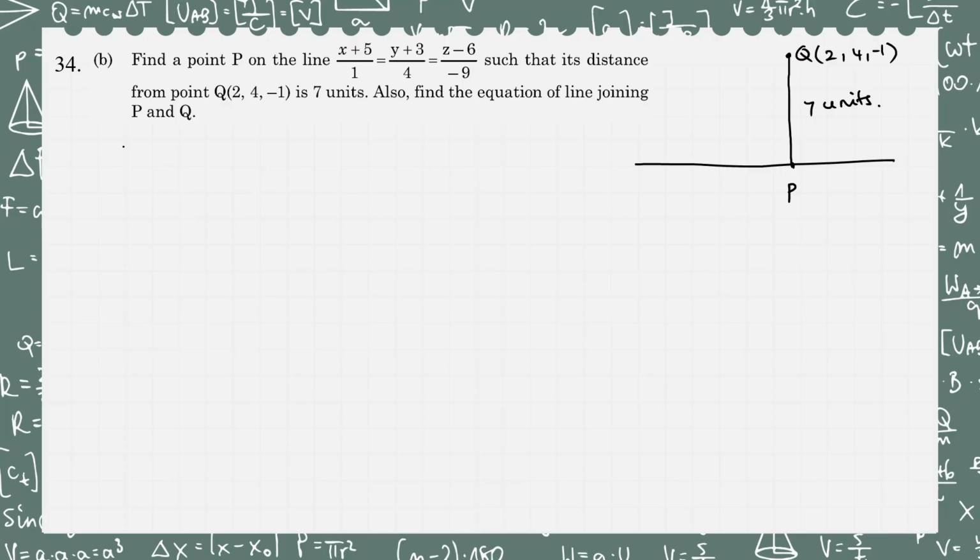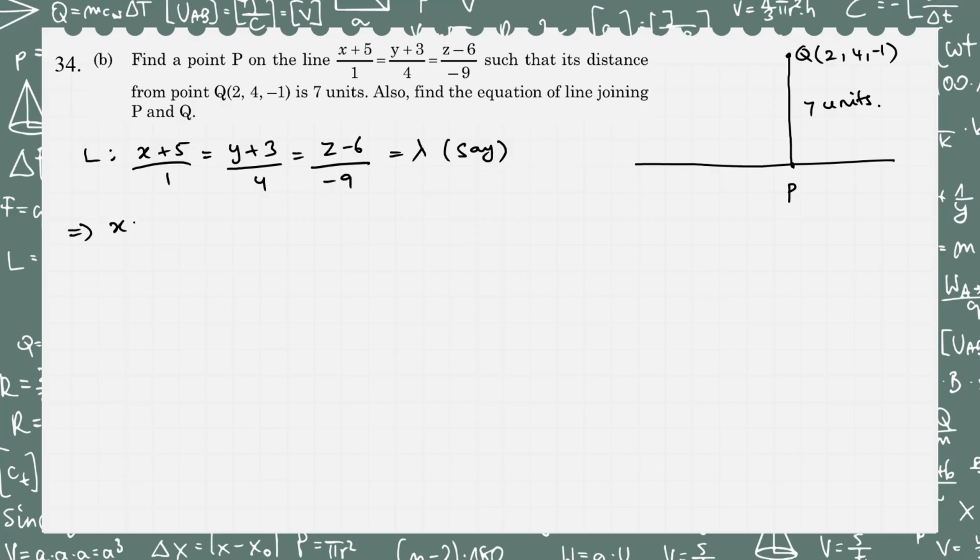Same way as we have done in the previous sum, let us take the line's equation given, (x+5)/1 = (y+3)/4 = (z-6)/(-9). Let this be equal to lambda, say.